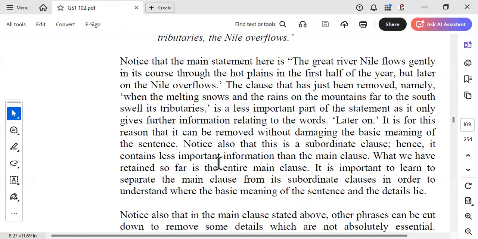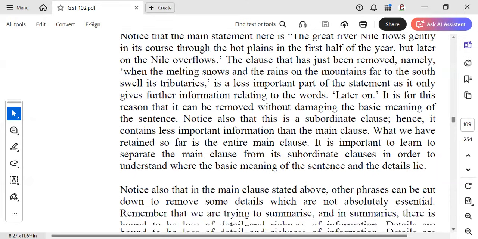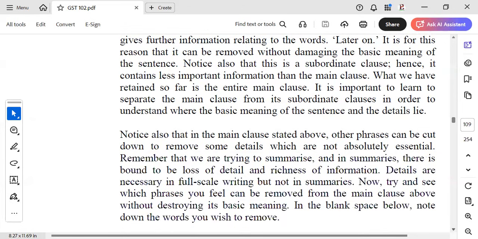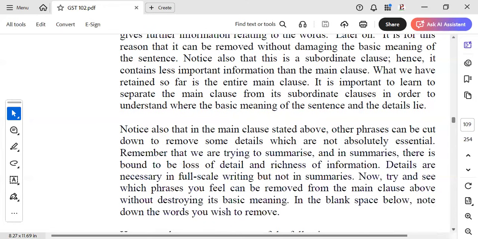Now, what we have retained so far is the entire main clause. It is important to learn to separate the main clause from its subordinate clause in order to understand where the basic meaning of the sentence and details lie. So what you will study first if you want to be sound in summarizing and removing redundancies is sentence structure: how to know the main clause and the subordinate clause.